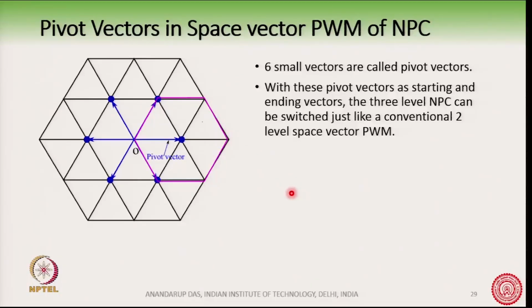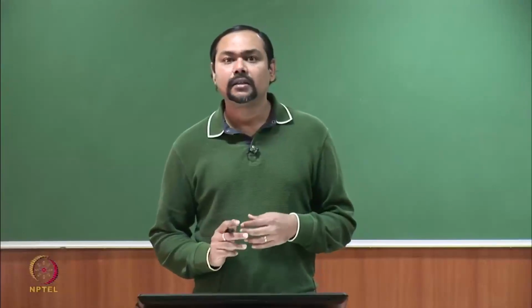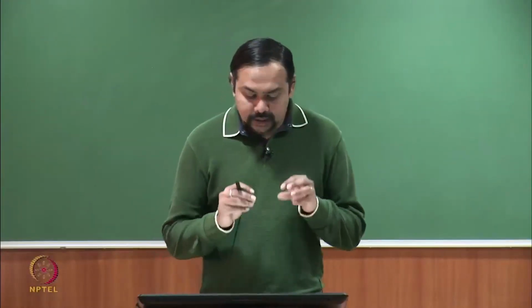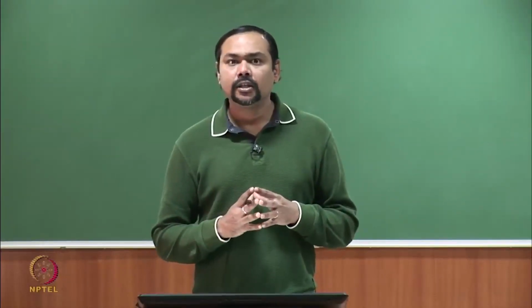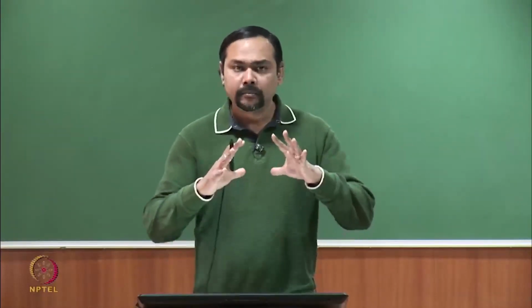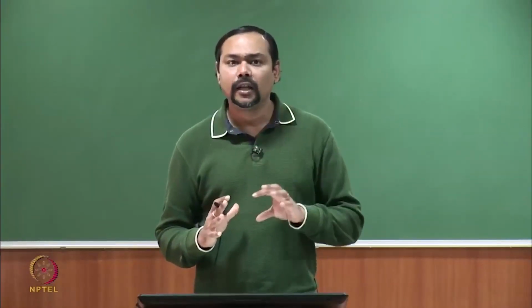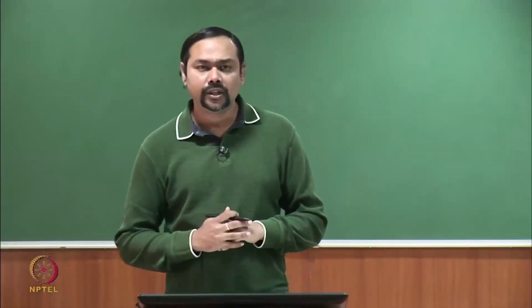This hexagon represents the 2 level space vector diagram. So, with these 6 pivot vectors, we can split the big hexagon into 6 small hexagons.